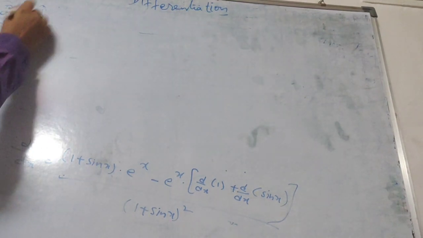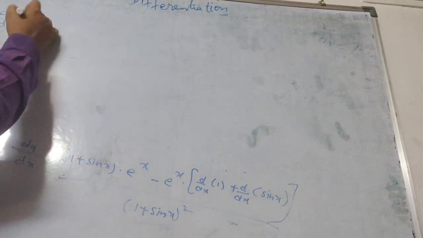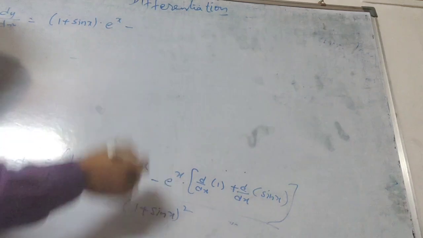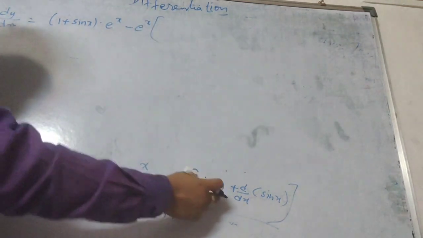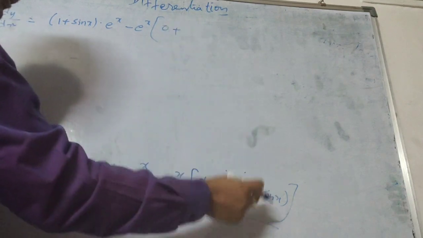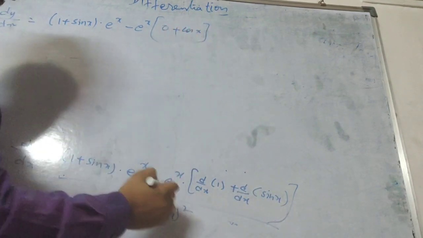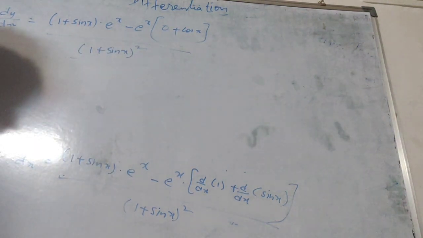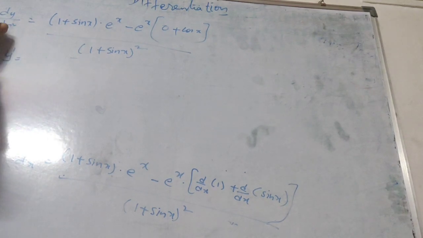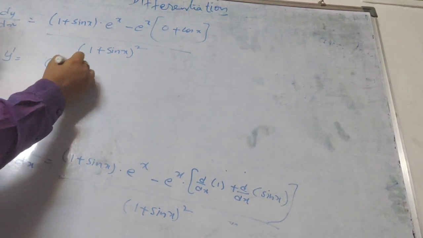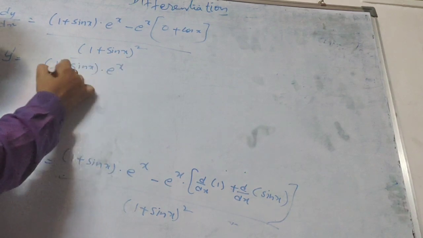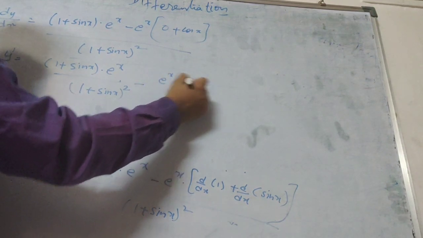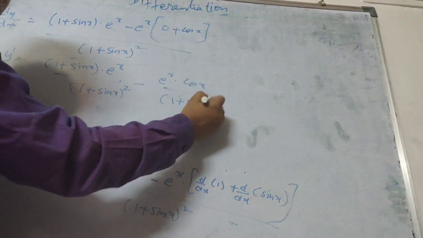So dy by dx will be equal to 1 plus sin x into e power x minus e power x into, d by dx of 1 is 0, plus d by dx of sin x is cos x, by 1 plus sin x the whole square. So that will be y dash, because dy by dx is also equal to y dash. y dash equals 1 plus sin x into e power x by 1 plus sin x the whole square minus e power x into cos x by 1 plus sin x the whole square.